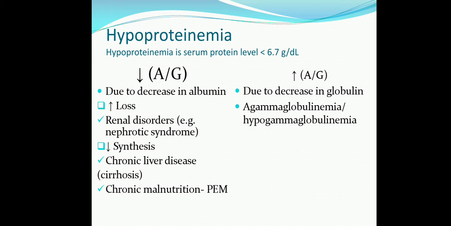When it is due to a decrease in AG ratio, it may be due to decreased albumin: increased loss in renal disorders, for example nephrotic syndrome; decreased synthesis in chronic liver disease, cirrhosis; or chronic malnutrition, protein energy malnutrition. When it causes an increase in AG ratio, it may be due to a decrease in globulin: agammaglobulinemia or hypogammaglobulinemia.